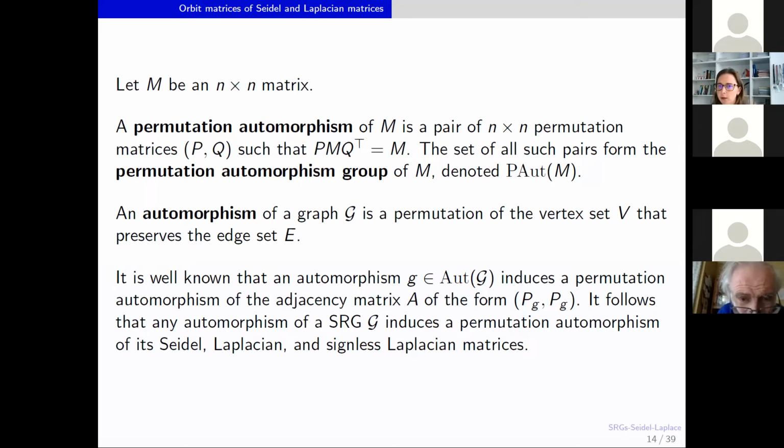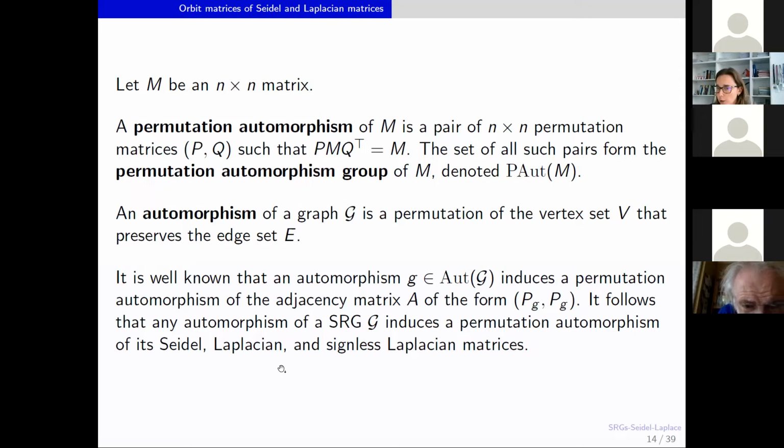It is well known that an automorphism of a graph G is a permutation of the vertex set V that preserves the edge set. And it is well known that an automorphism of G induces a permutation automorphism of the adjacency matrix of the graph. So it follows that any automorphism of a strongly regular graph G induces a permutation automorphism of its Seidel, Laplacian, and signless Laplacian matrices.